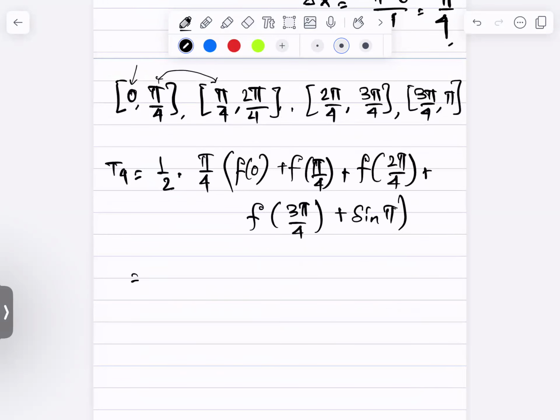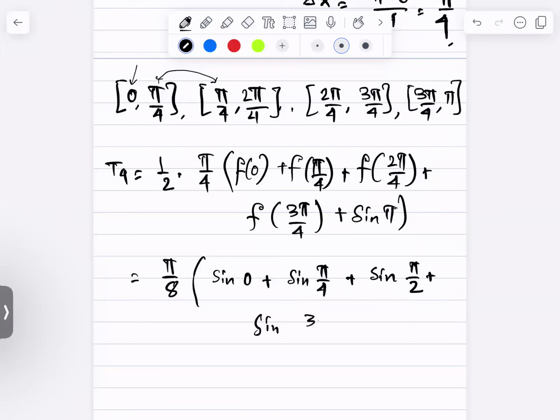Okay, so this is pi over 8 times sine 0 plus sine pi over 4 plus sine pi over 2 plus sine 3 pi over 4 plus sine pi.